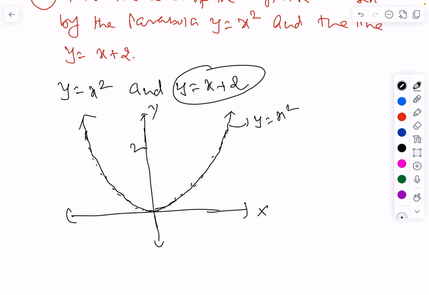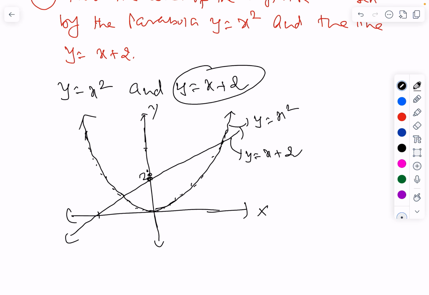So it passes through: if x is 0, then y is 2, and if y is 0, then x is minus 2. So it is like this. This is 2. So this is the line y equal to x plus 2.